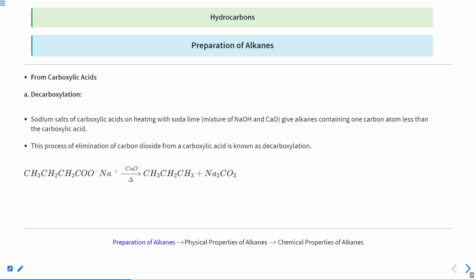You can see that the COO minus is cleaved out and attached to Na, which results in Na2CO3. In this process, elimination takes place, and the group being eliminated is COO, which results in the formation of CH3CH2CH3, our propane. The overall reaction is called decarboxylation. This is a very, very important reaction. You will often encounter it whenever you are dealing with a more complex reaction.